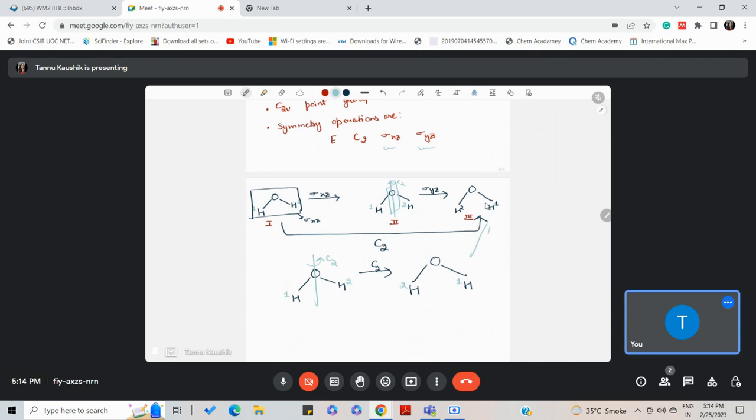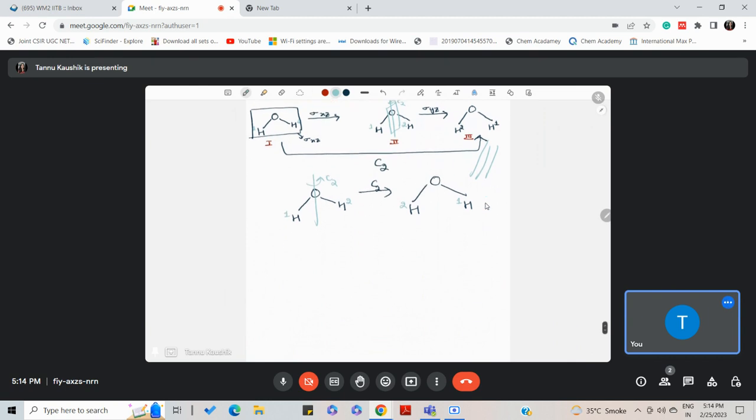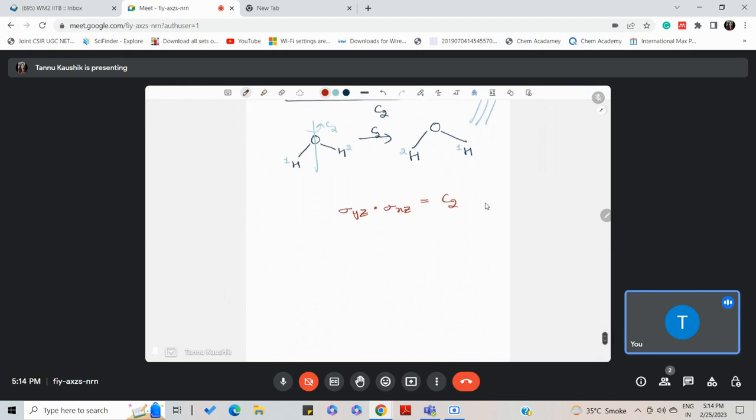So this is the same as third. These both are the same configuration. So we can say that sigma yz into sigma xz gives us the C2 symmetry operation.